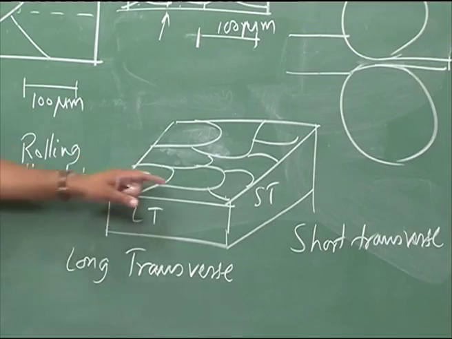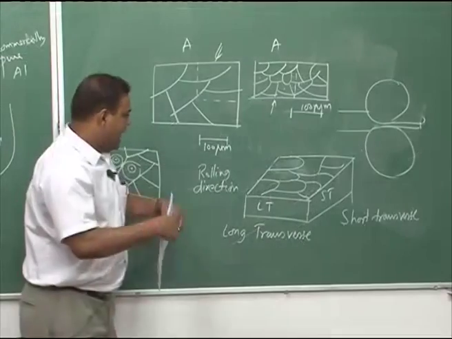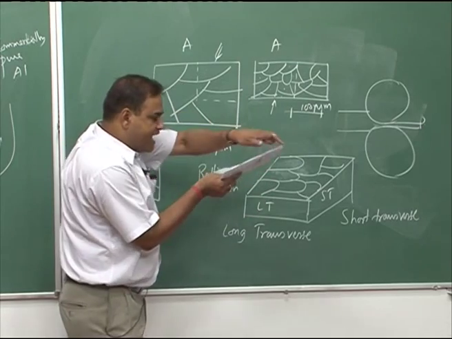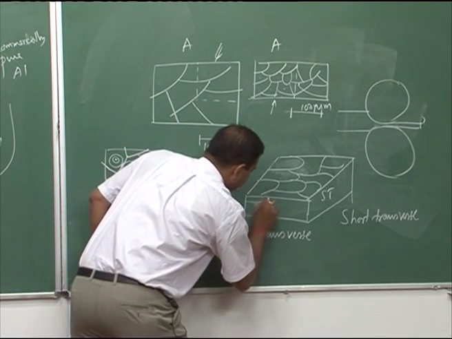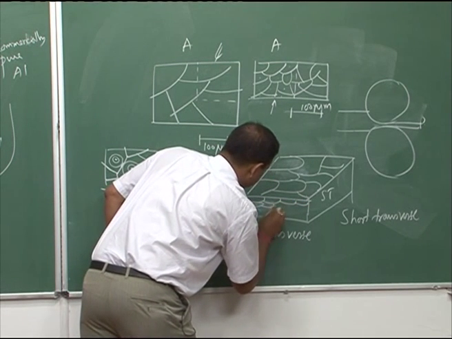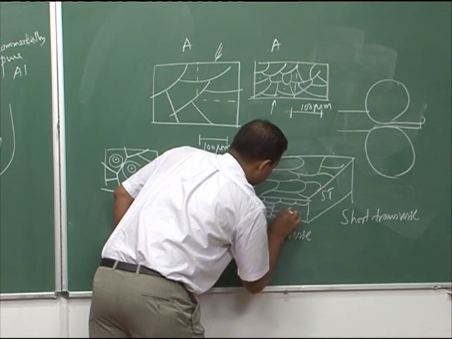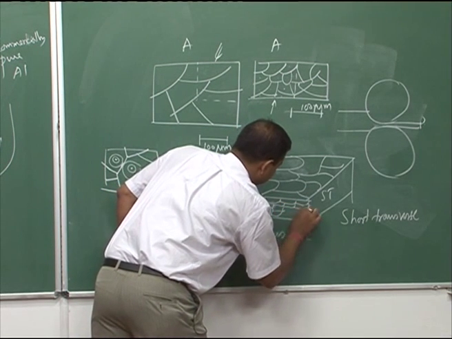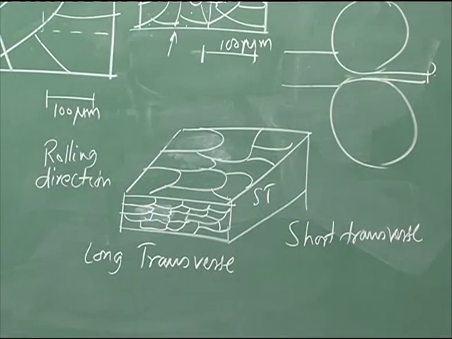If you see this, all the grains are squeezed, and also there would be this shearing action. So, along the LT direction, the grain structure would be like this.